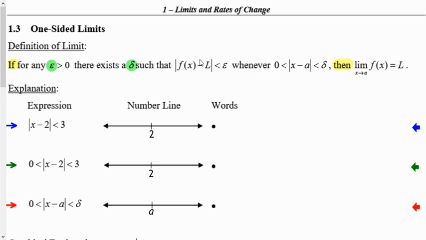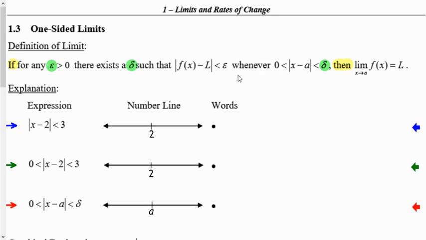Well, let's look at these absolute value statements. Here I have the absolute value of the function minus L is less than epsilon. So I'm choosing an epsilon value here, remember. And if I choose this value, I want to be able to find this delta value that will make this absolute value statement also true. Well, what do these absolute value statements mean?